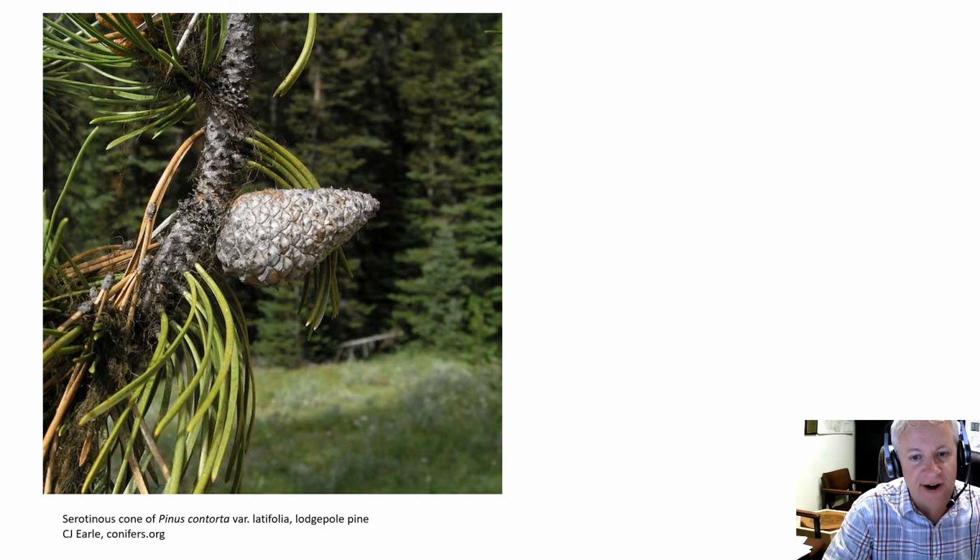Serotinous cones are an interesting subcase for pine reproduction in that serotinous cones do not necessarily open in the summer or fall when they've matured. Serotinous cones are held closed by resin and will typically only open when exposed to high temperatures, usually with a fire.